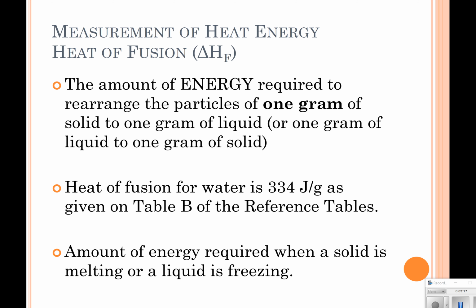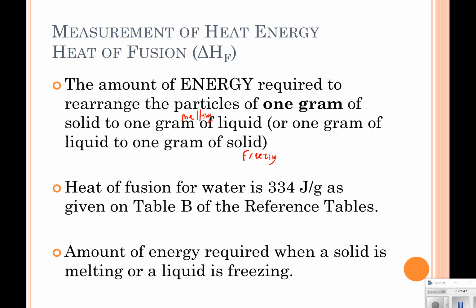So the heat of fusion is how much energy is required to rearrange all the particles of 1 gram of solid, any solid substance, to 1 gram of liquid. And we can also see that in reverse, how we can rearrange 1 gram of liquid to 1 gram of solid. This would essentially be freezing, and 1 gram of solid to 1 gram of liquid would be melting.